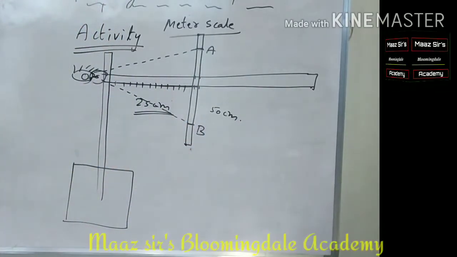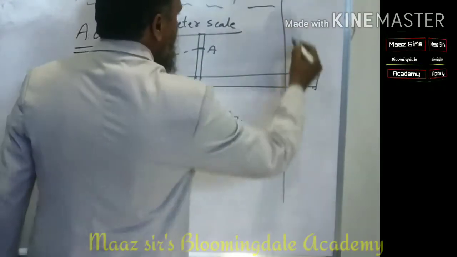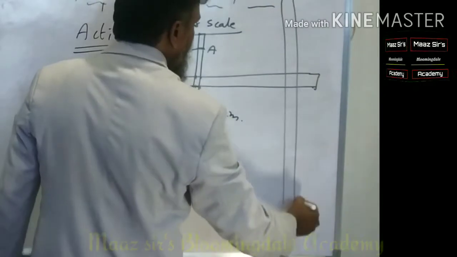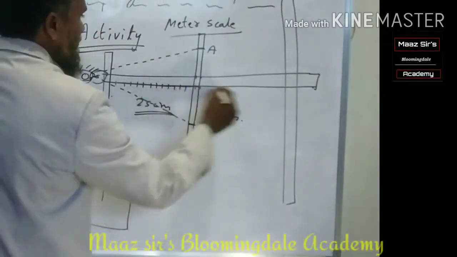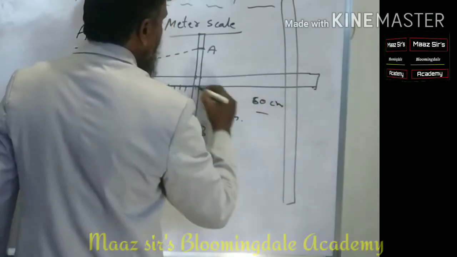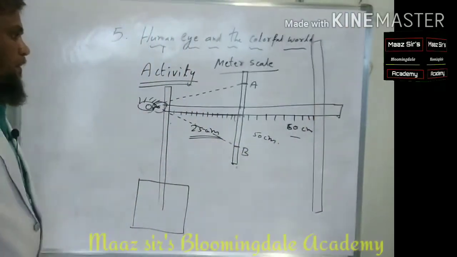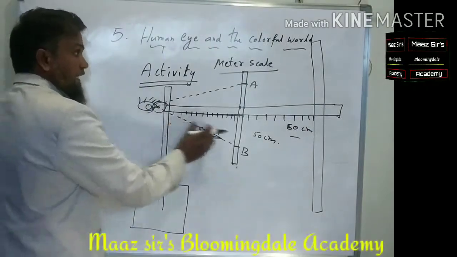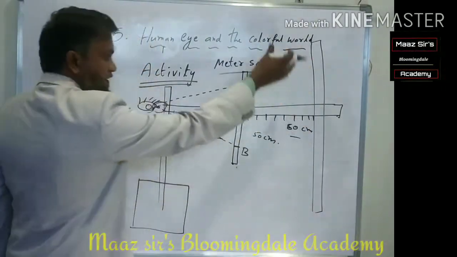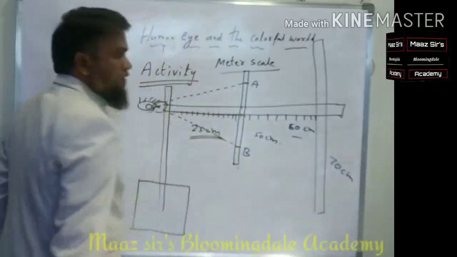Now similarly, I am placing one more PVC pipe somewhere here. Let us take from here to here. The distance is 60 centimeter. So from this point, can I see this whole PVC pipe of, let us say, 70 centimeter?